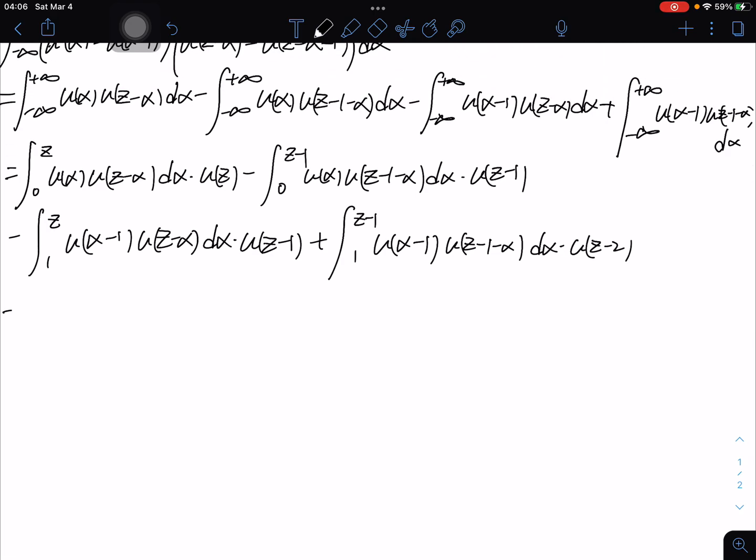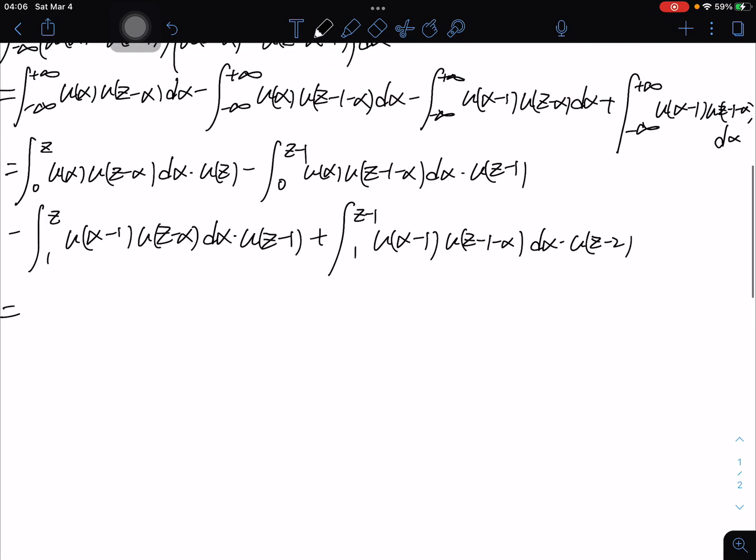So it is actually equal to this one. All of these are equal to 1, right? So we can get directly the result.